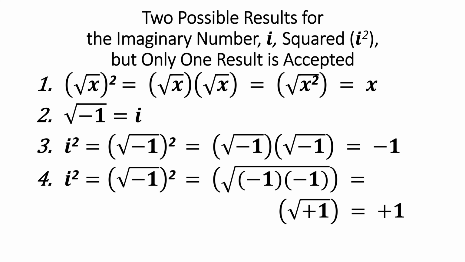So bullet 3 is not the same as bullet 4. The accepted solution is to have the radical symbol be cancelled when it's being squared. Therefore, the operation performed in bullet 4 is not accepted.